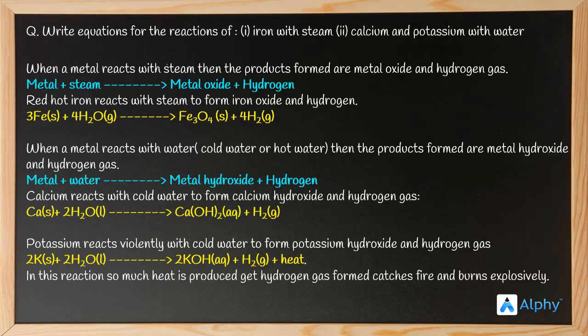Even in this case, if you didn't know the reaction of calcium and water, we knew that metal and water form metal hydroxide and hydrogen. So just by referring to the reaction written in blue, you can predict the product formed for calcium and water. That's how it's important, and that's all about the question. I hope you understood it. Keep learning. Thank you.